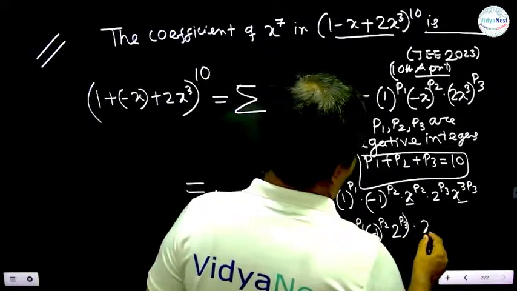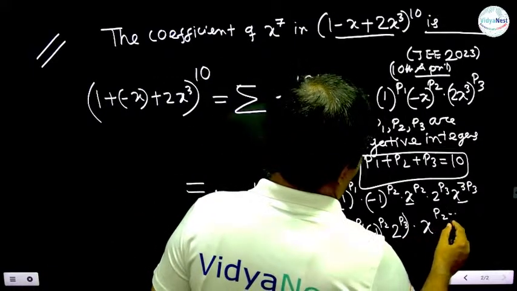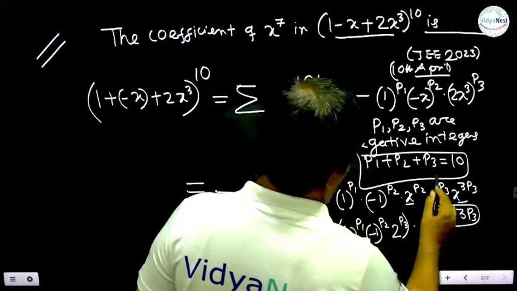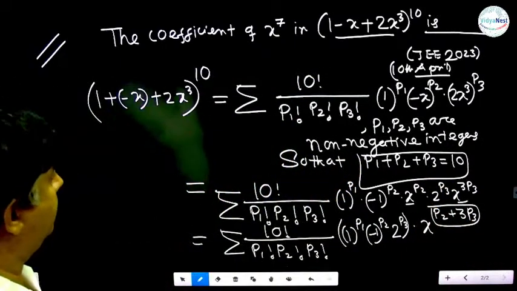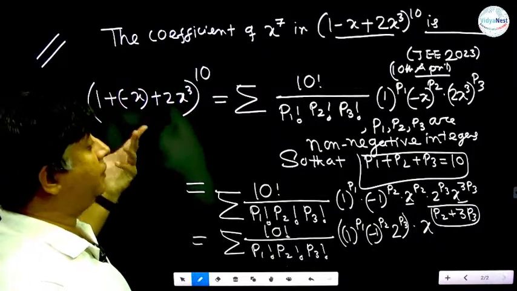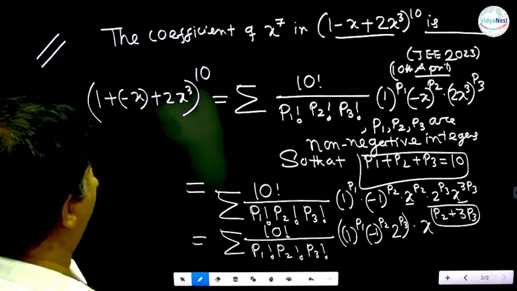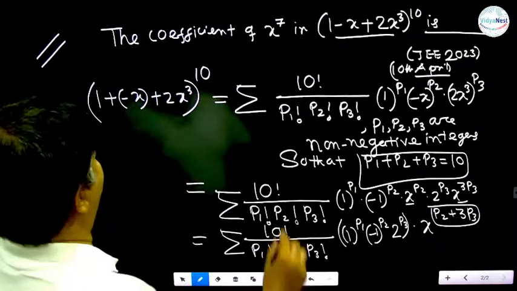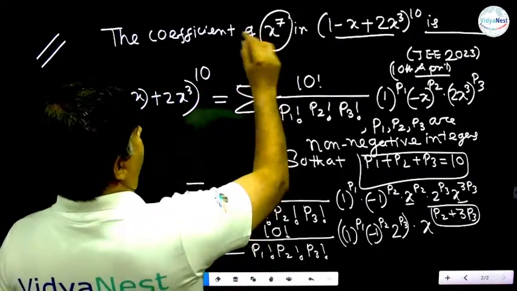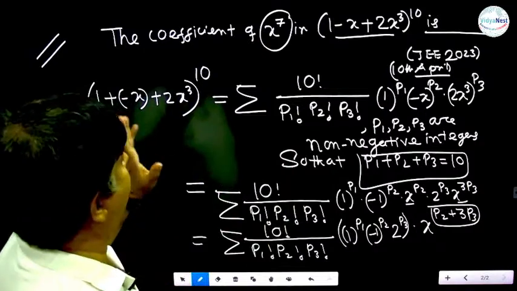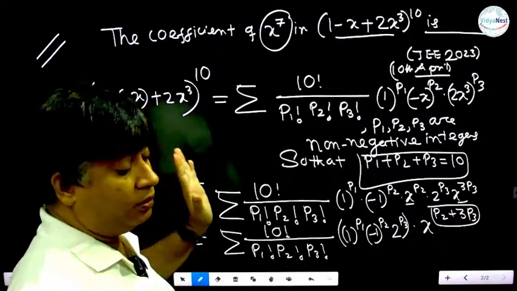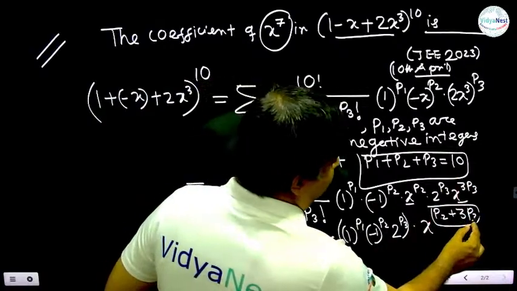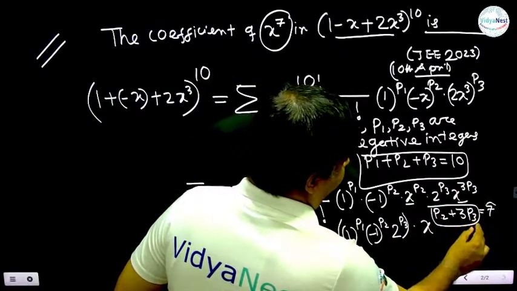And so what did I have in the question? X to the power 7's coefficient we are told to find. But what did we get? x to the power p2 plus 3p3, so this must be 7.